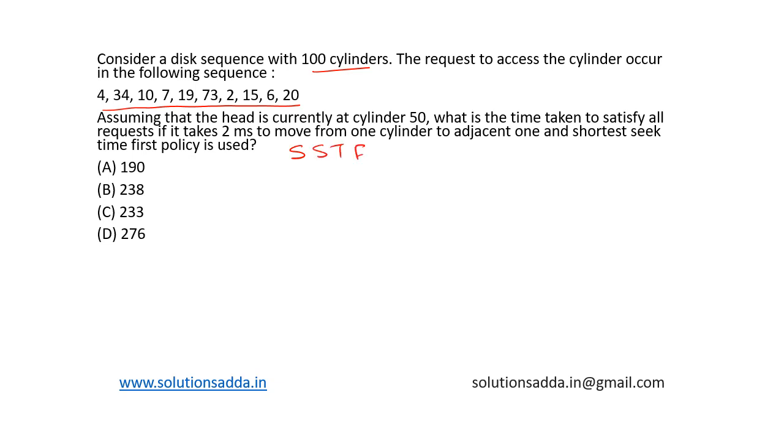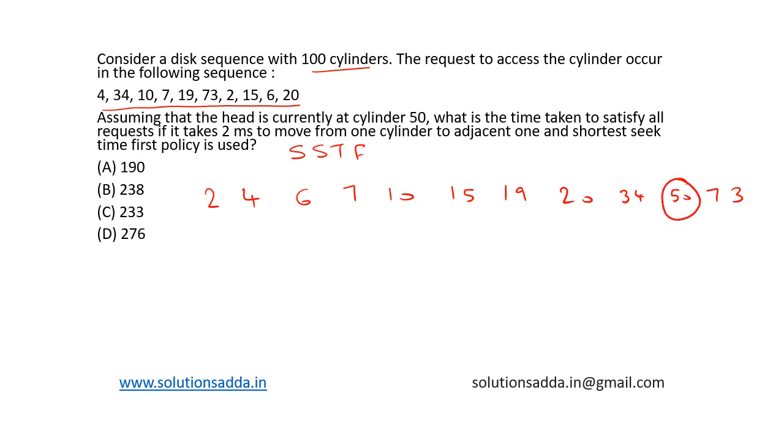Let's write the requests in ascending order. We have 2, 4, 6, 7, 10, 15, 19, 20, 34 and 73. These are the requests. Currently the head is at this position.